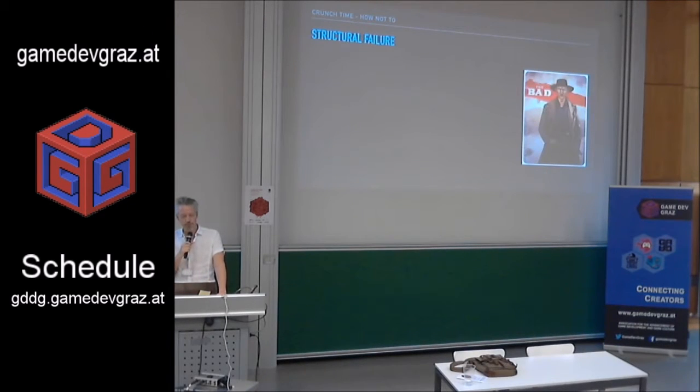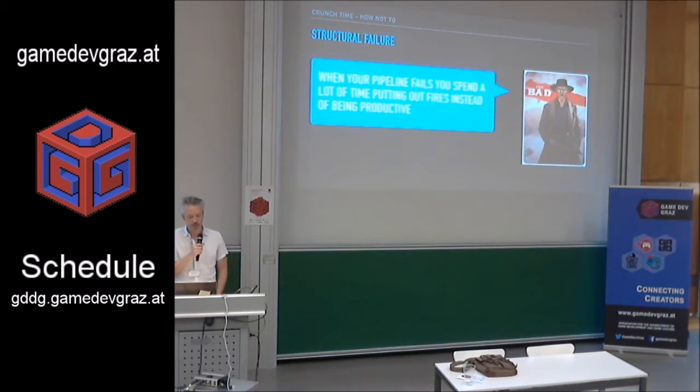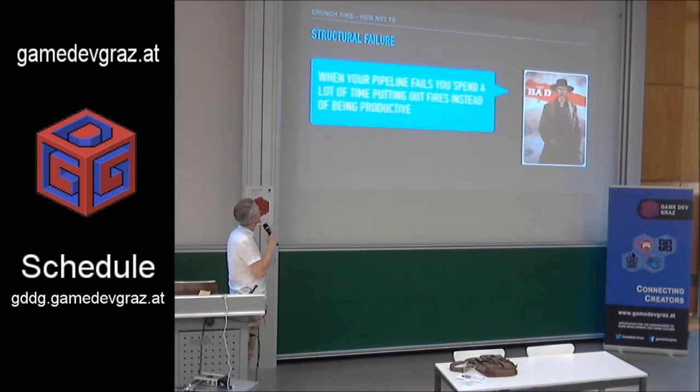Another version is the structural failure. This is when your pipeline fails you and you spend a lot of time putting out fires instead of being productive. There's an example I had when I was working in Frankfurt at Pixelmondo, and this was the film we talked about.